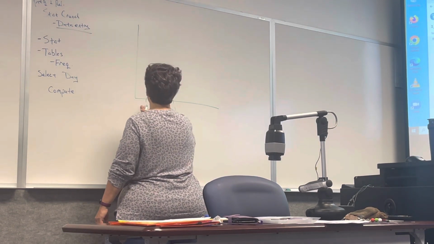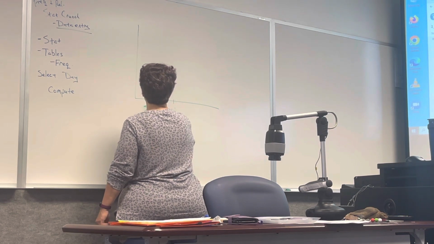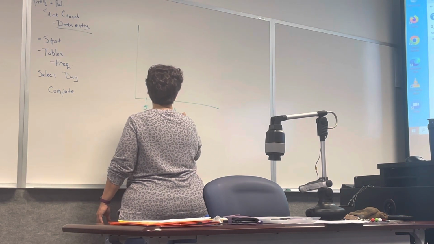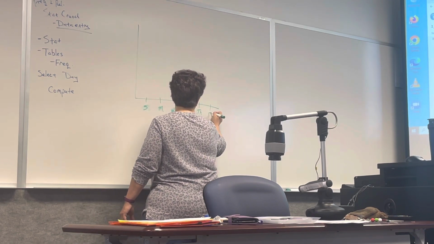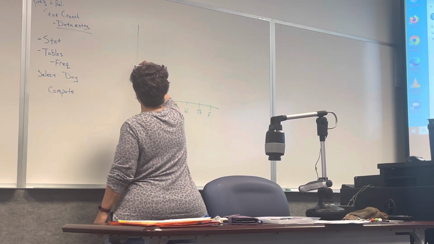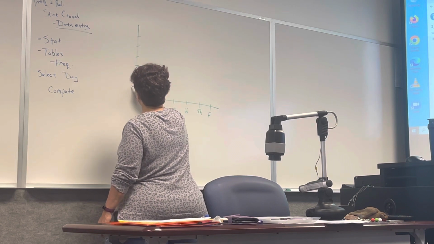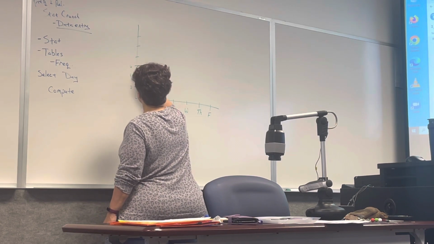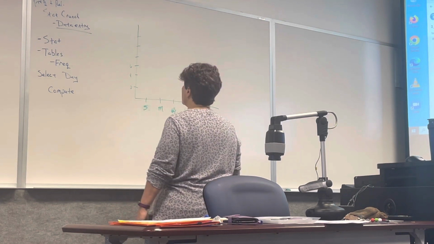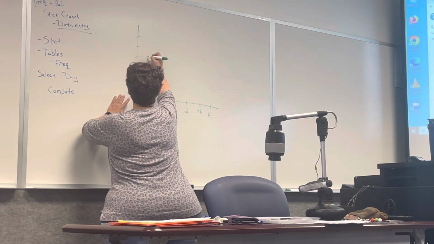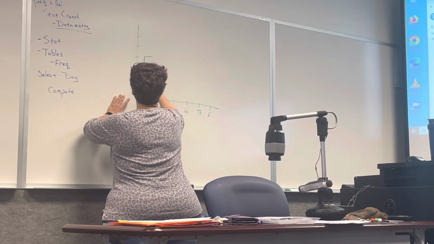Well, I guess we start with Sunday: Sunday, Monday, Tuesday, Wednesday, Thursday, Friday. And then up the side would be the frequency. Let's count by twos. Sunday is 8, so 2, 4, 6, I have a bar at 8, and it comes down.